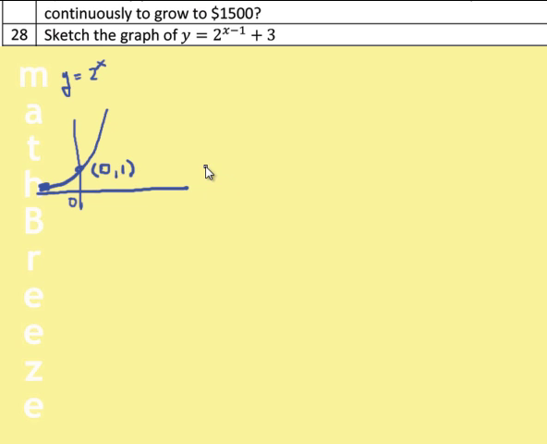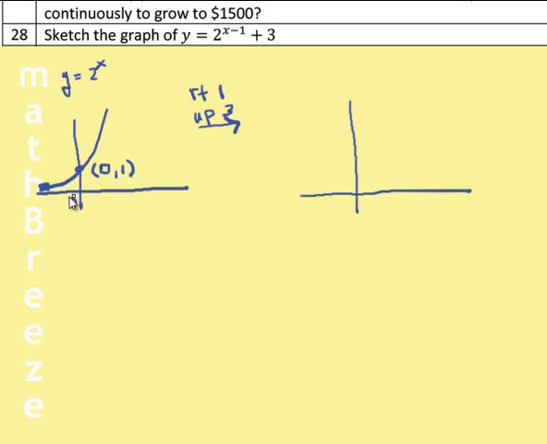Okay, let's move it. Because of the x minus 1, that would be right 1, and because of the plus 3, we will move it up 3. Now, we'll do this in one graph.